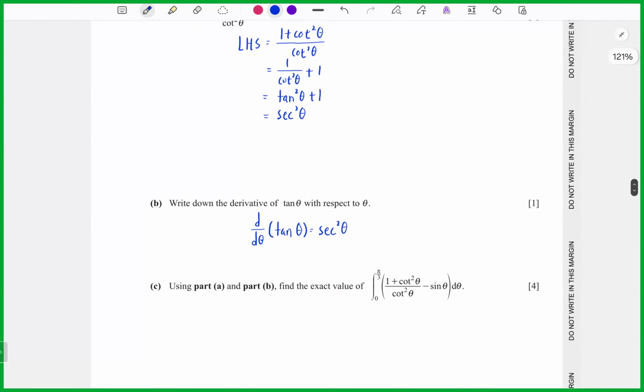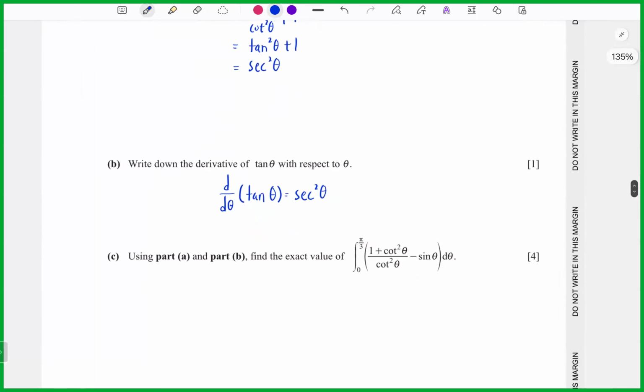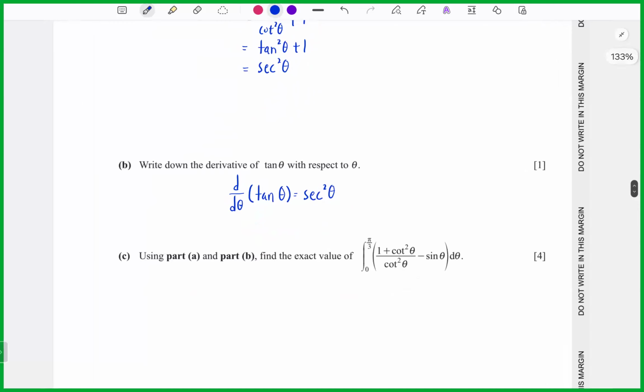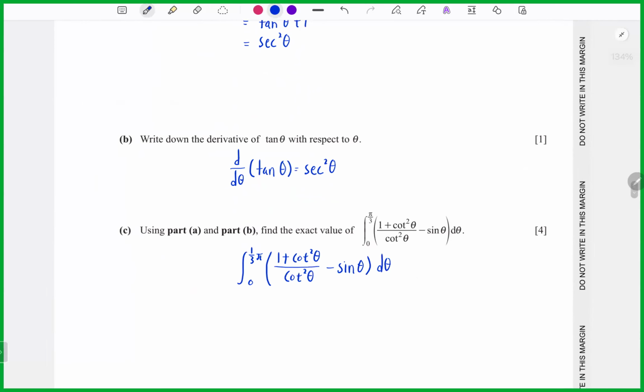Now we try to simplify first. Integrate from 0 to 1 over 3 pi, bracket 1 plus cot square theta over cot square theta, minus sine theta d theta.